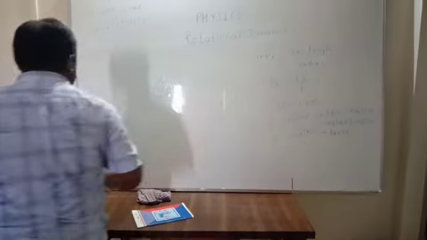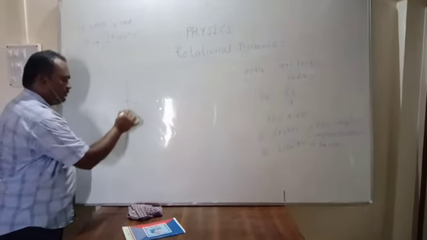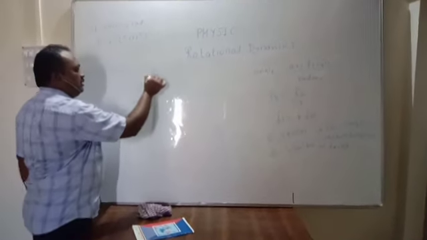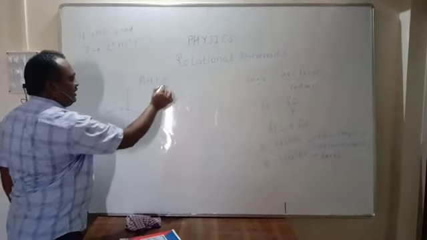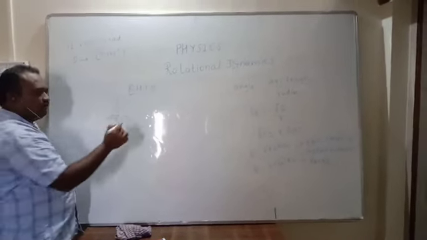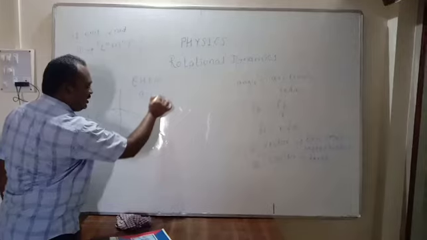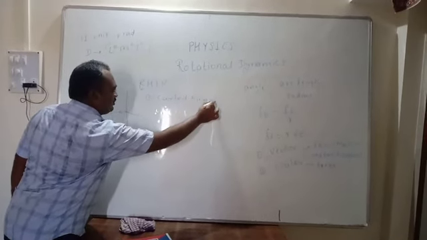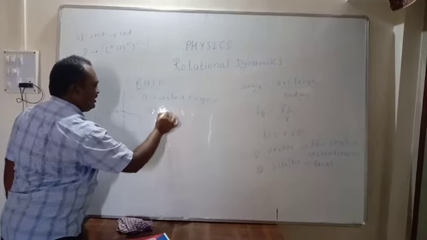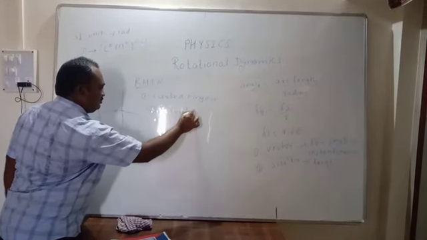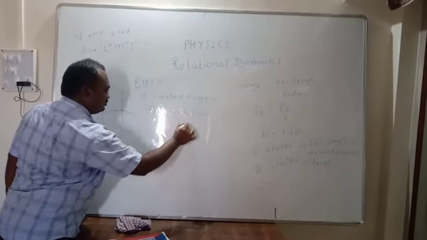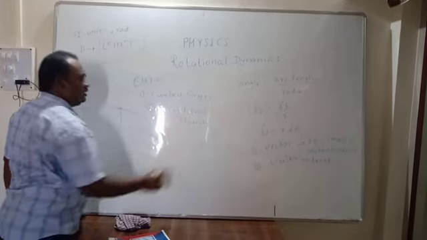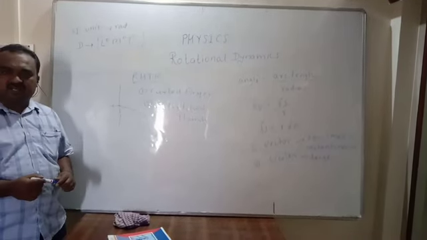So we will see the right hand thumb rule. In the right hand thumb rule there are two important parts: curl fingers and stretch thumb.